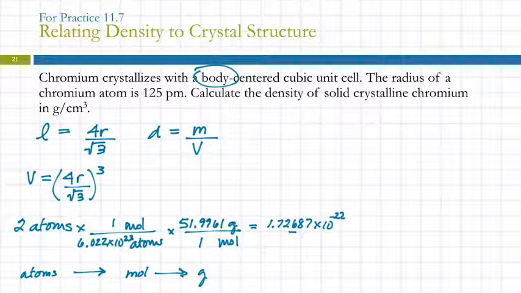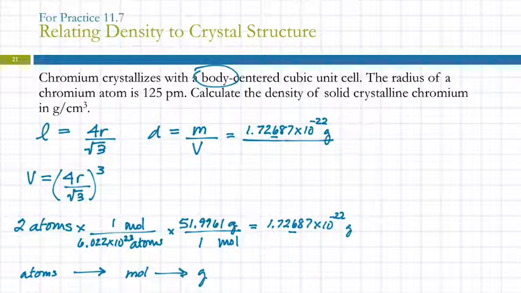So 1.72687 times 10 to the minus 22 grams. So we can plug that into our density equation as the mass. That's the mass of the unit cell.